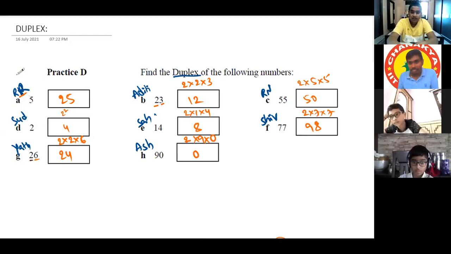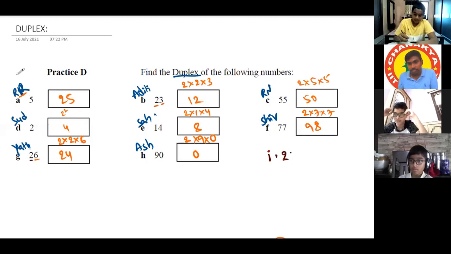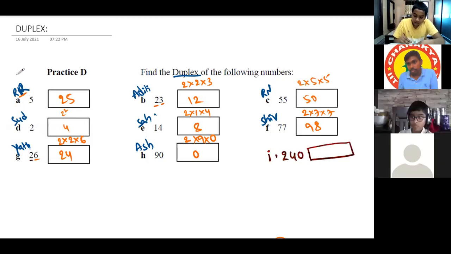Now Jayit. Jayit, tell the duplex for 240. So 240, sir. Yes, sir. Sir, 2 multiplied by 2 is 4. Tell me the procedure for a 3-digit number. Yes, sir.